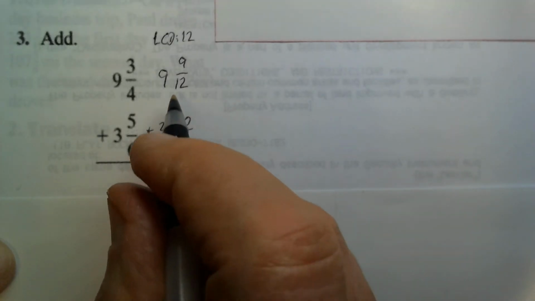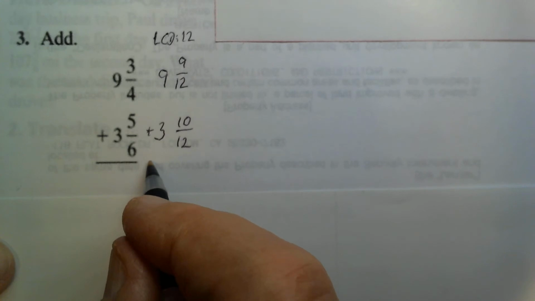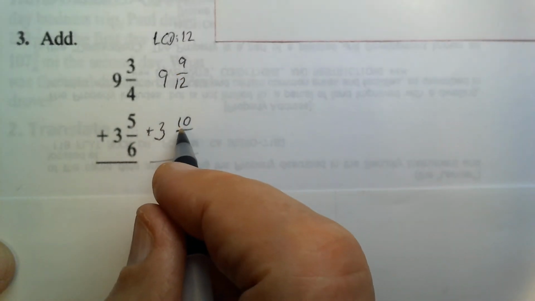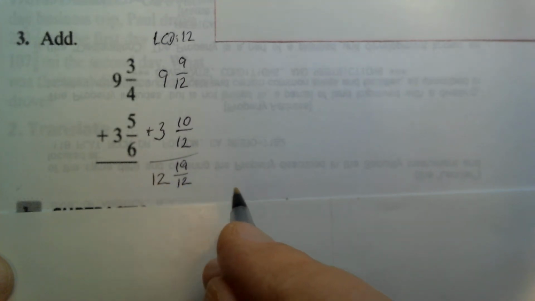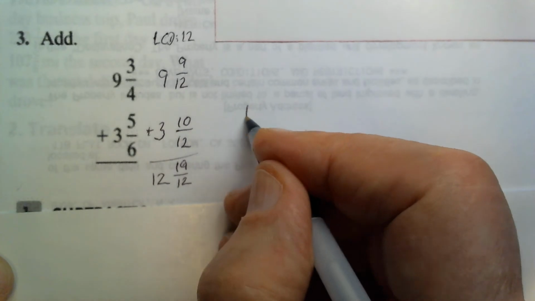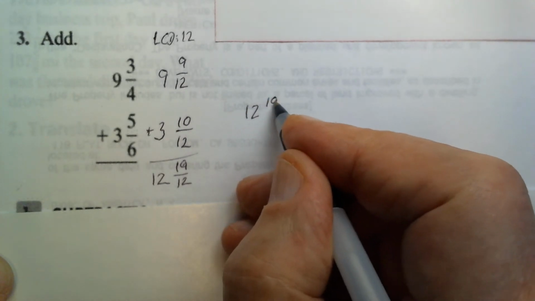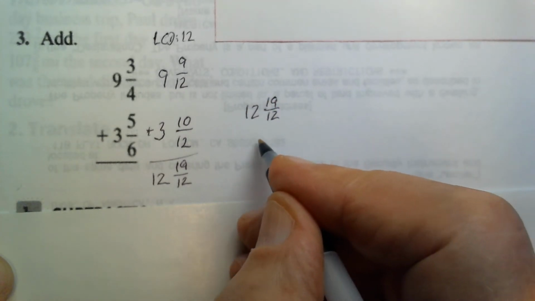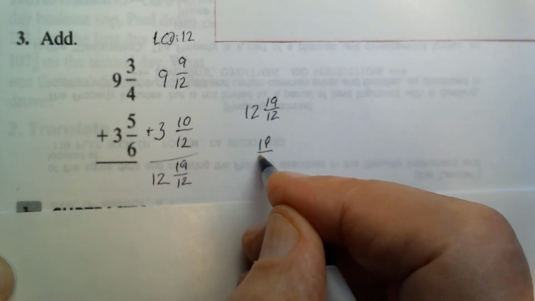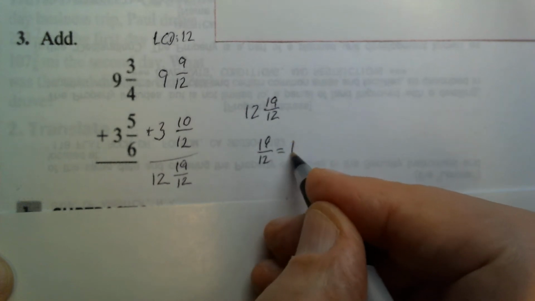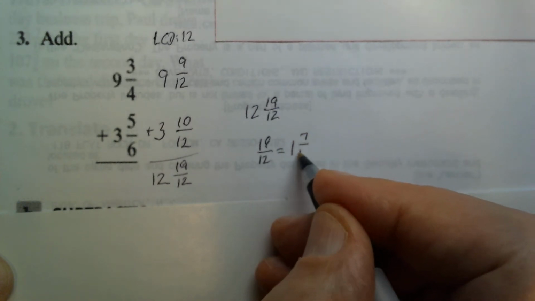So now we're in a position to add the fractional parts. 9/12 plus 10/12, 9 plus 10 is 19/12, and 9 plus 3 is equal to 12. So now we have 12 and 19/12. And 19/12 is equal to 1 and 7/12.